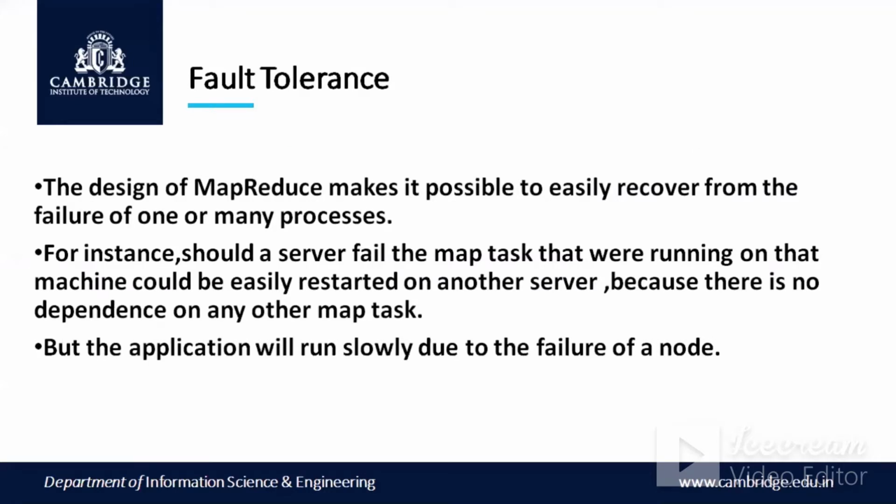The design of MapReduce makes it possible to easily recover from the failure of one or more processes. For instance, if a server fails, the map task that was running on that machine can be easily started by another server because there is no dependence on any other map task. But it will run slowly because of the failure of nodes.